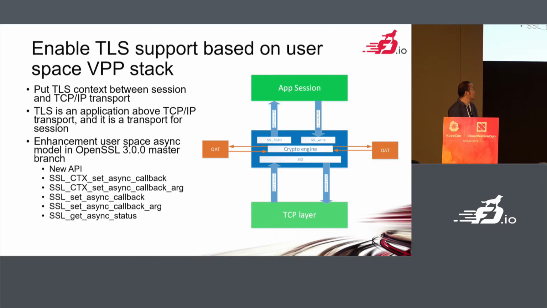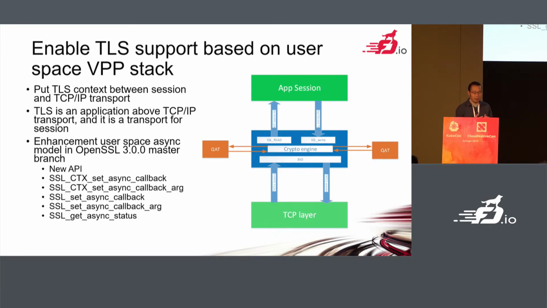And by this work, we are also talking with the OpenSSL master branch to enable a feature, because in the past, OpenSSL just provided a kernel space-based solution for the application to talk with the engine by an event FD. And this event FD is not a very efficient way to enable the data plane transportation.